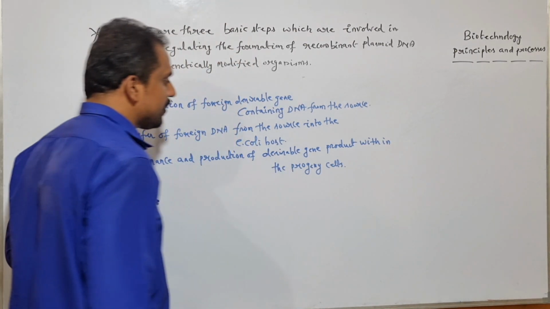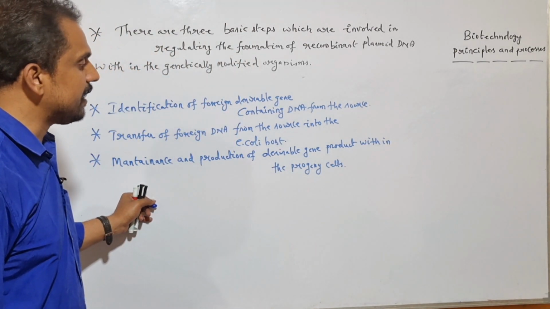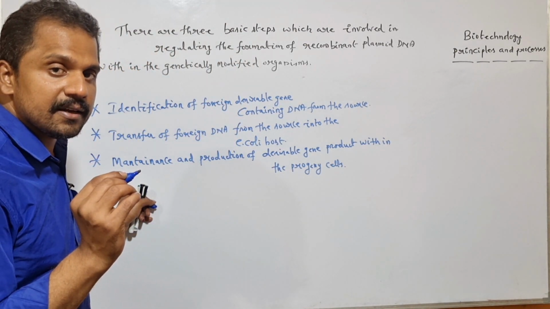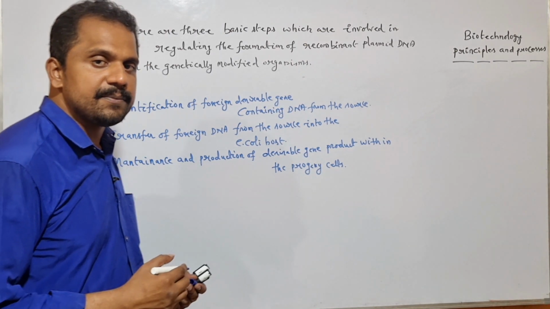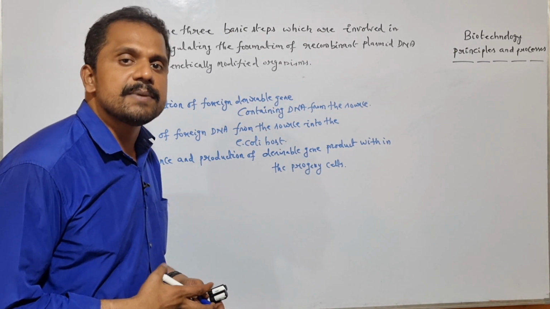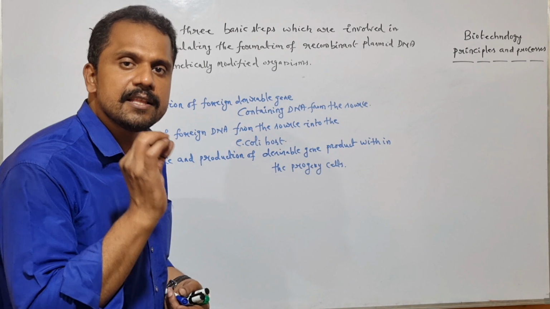Is it clear? So here all these are the various steps which are involved in regulating the formation of the recombinant plasmid DNA and the expression of the foreign desirable gene within the progeny cells.